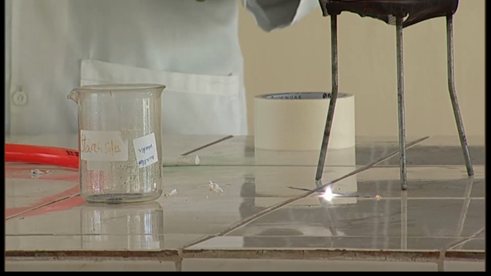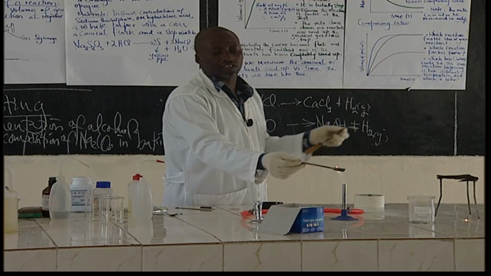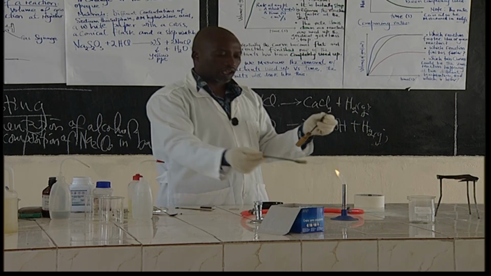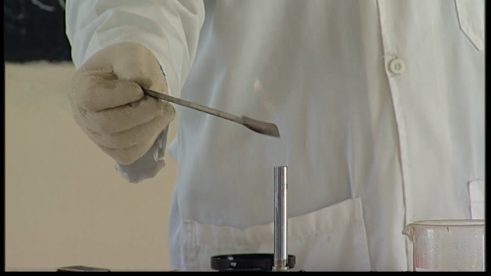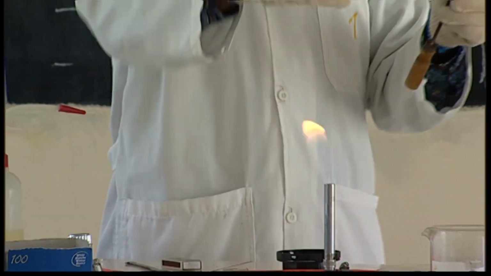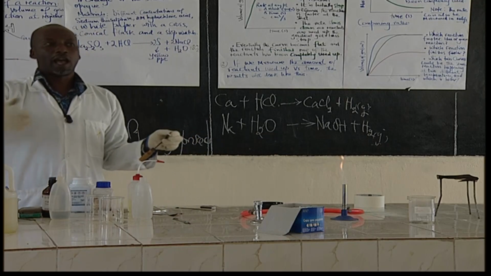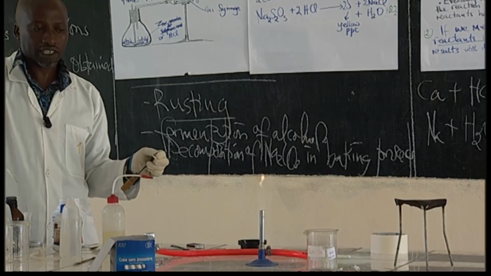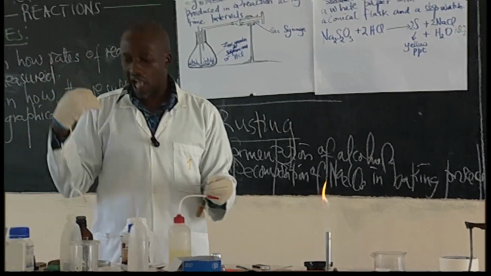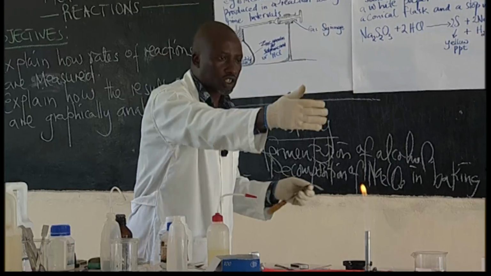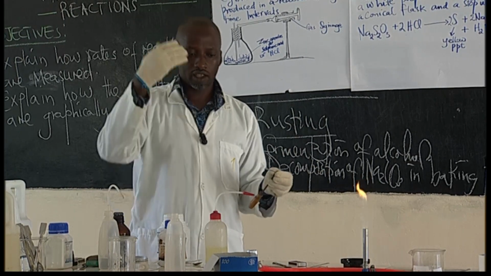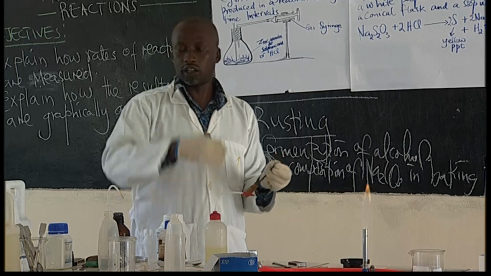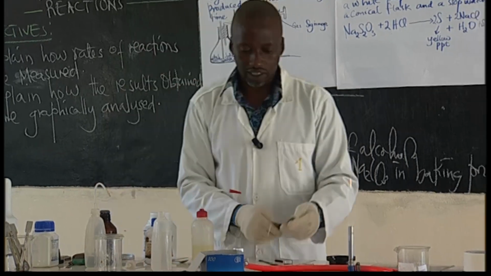This metal doesn't catch fire as magnesium does. This is magnesium ribbon. So it means that magnesium burns in oxygen at a faster rate compared to other metals. Even sodium does with the fire or with heat, and the reaction takes place faster.